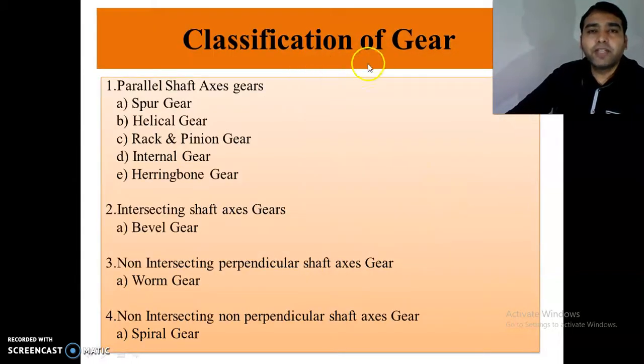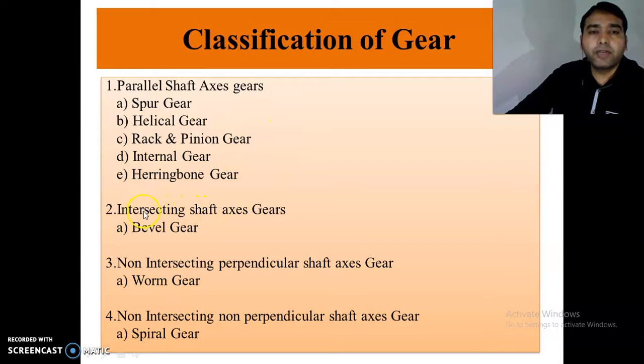Now classification of gear. The classification depends upon the situation of the shaft axis. When we are transmitting the power from one shaft to another shaft, when the two shafts are parallel, then spur gear, helical gear, rack and pinion gear, internal gear and herringbone gear are used.